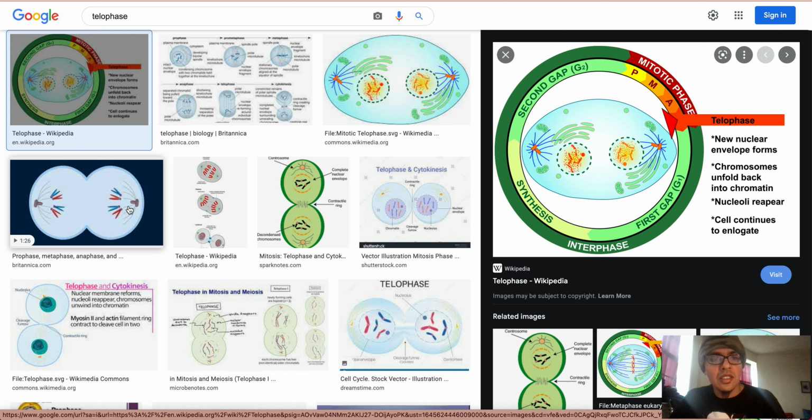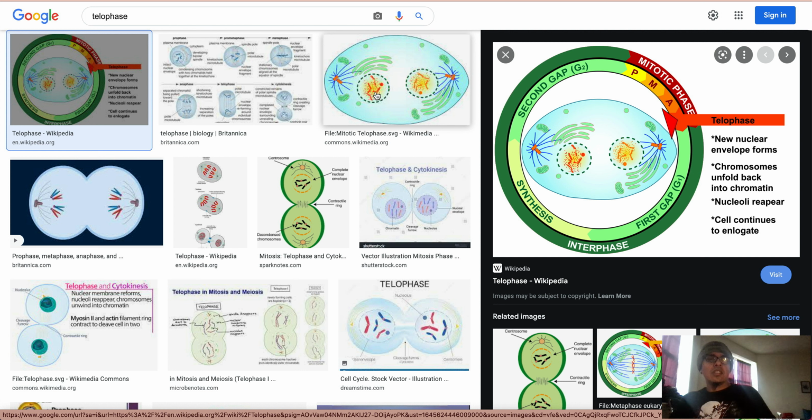So remember, after anaphase occurs, right? Anaphase is when the chromosomes get pulled over to the microtubule organizing centers, right? And then in telophase is when the nucleus starts to reform around the cell's DNA, right?